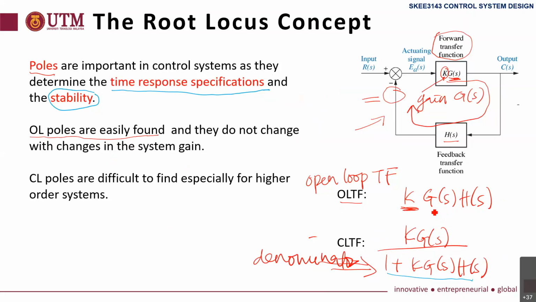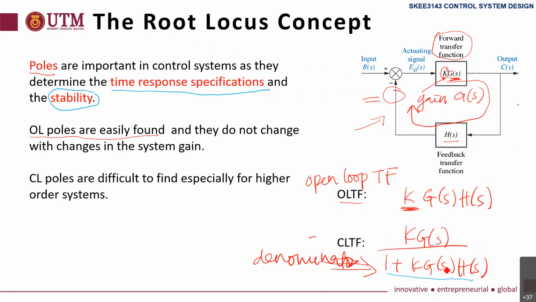However, for closed loop, the poles are difficult to obtain because we need to do this calculation, K G(s) over 1 plus K G(s) H(s), and it becomes difficult for higher order systems.